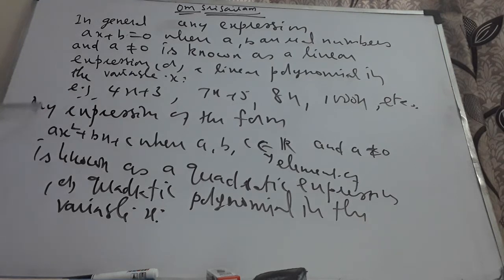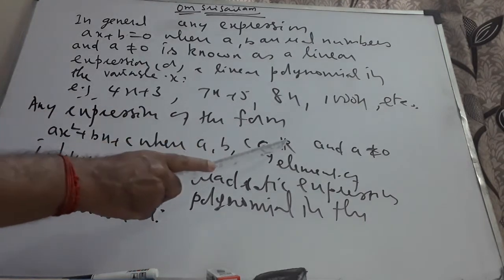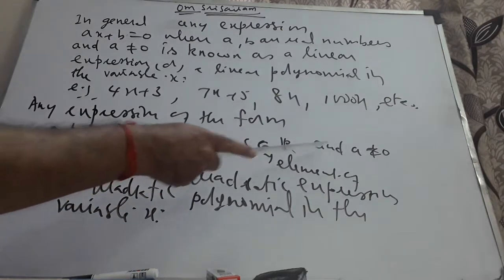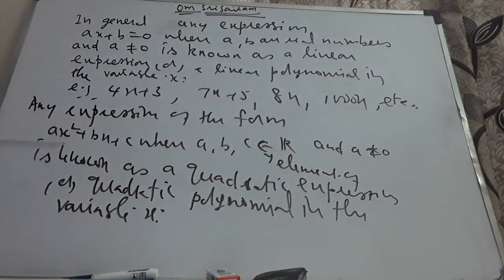Then any expression of the form ax square plus bx plus c, where a, b, c are elements of R, that is, in the set of real numbers, and a not equal to 0, is known as a quadratic expression or quadratic polynomial in the variable x. Here a not equal to 0, because if a is equal to 0, we will end up with bx plus c, which becomes again a linear expression.